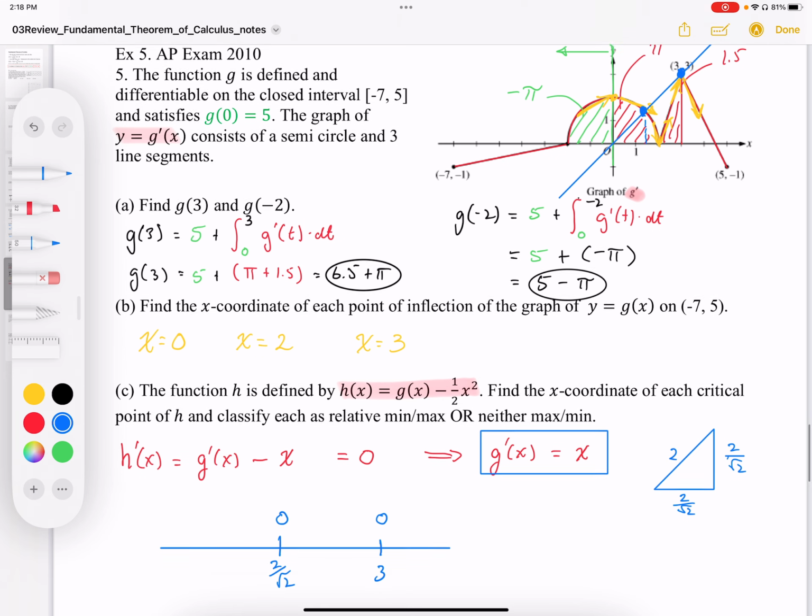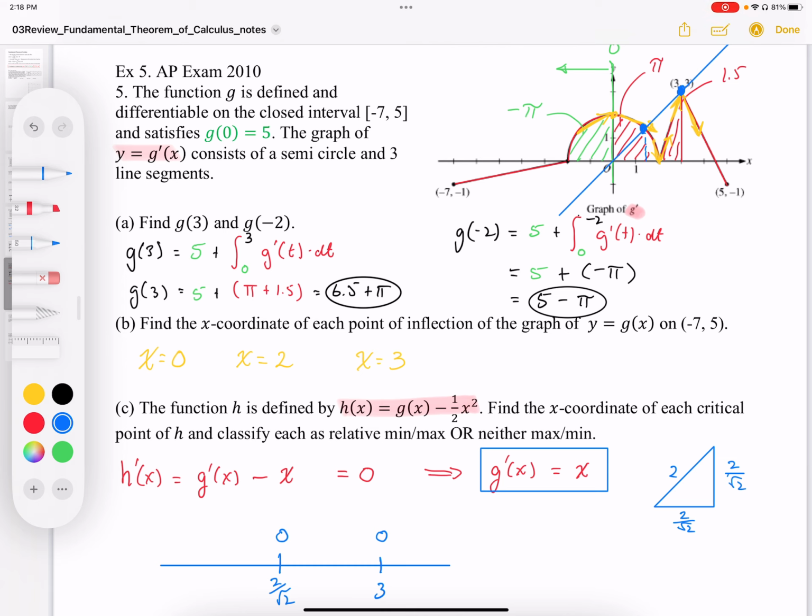So at this point, we can just test the regions here to see if they're positive or negative. If the graph of g prime is above the blue line, we know that g prime minus x is going to be positive. So in this region, where the g prime graph is above the y equals x graph, we know that's going to be positive slope.